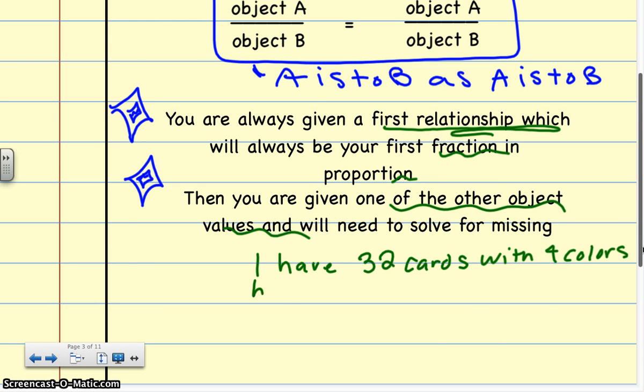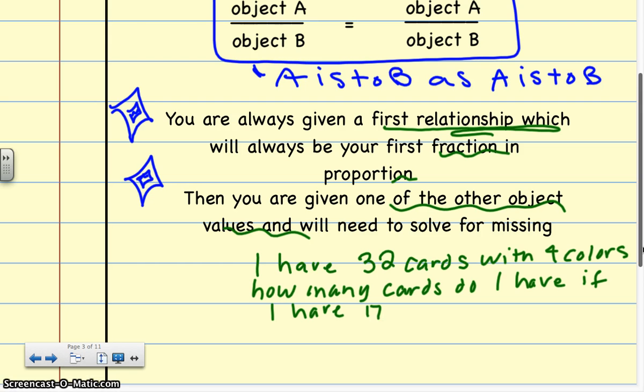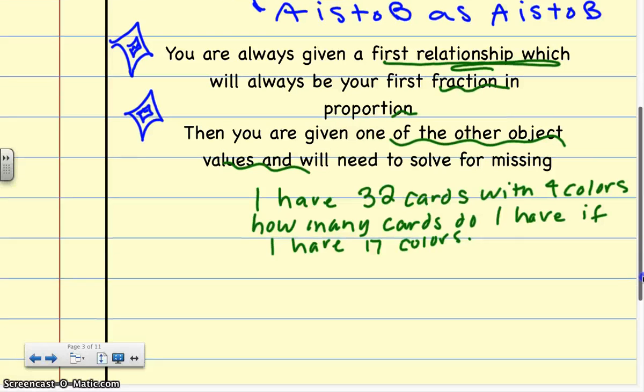How many cards do I have if I have 17 colors? So, again, do not write this one down. You're going to have plenty. This is what I just threw off the top of my head, and it's horrible. I already see, this is not even relatable, but we'll roll with it.